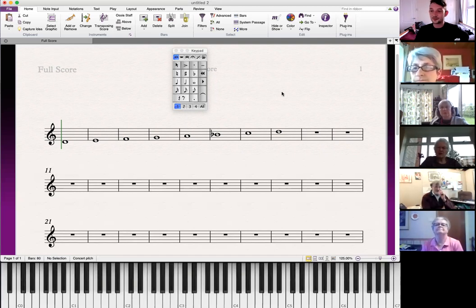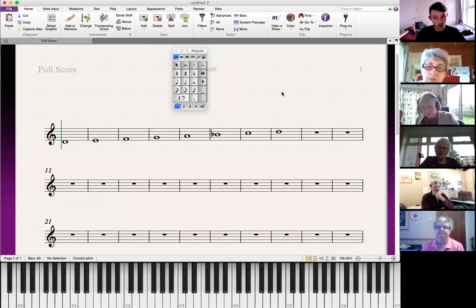Now, remember also that when you're writing a minor scale, you always raise the seventh to create a harmonic minor scale, but you might not necessarily have to sharpen it. Sometimes you might need to naturalize the seventh note rather than sharpen it, because it might already be flat in the key. So in that case, you would just naturalize the note rather than sharpening it.